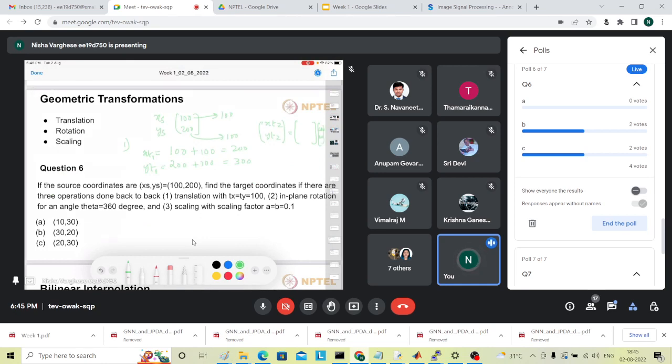So cos theta is 1 and sin theta is 0, so you'll get the same coordinate, right? 200, 300. Then comes the scaling factor. So xt3, yt3 will be the matrix 0.1, 0, 0, 0.1 applied to 200, 300. So you'll get 20, 30. So the answer is C.